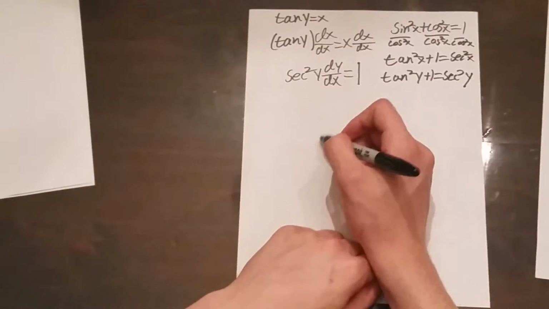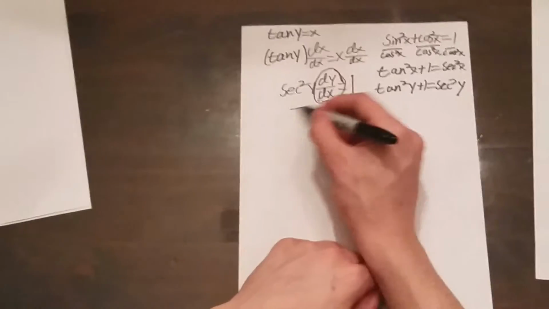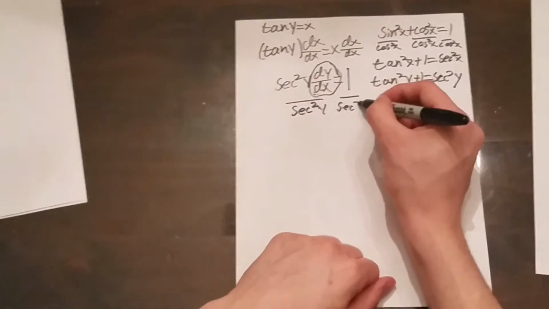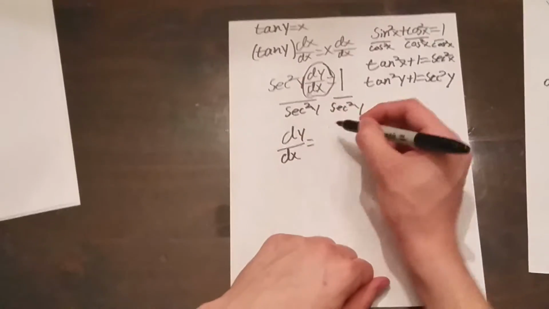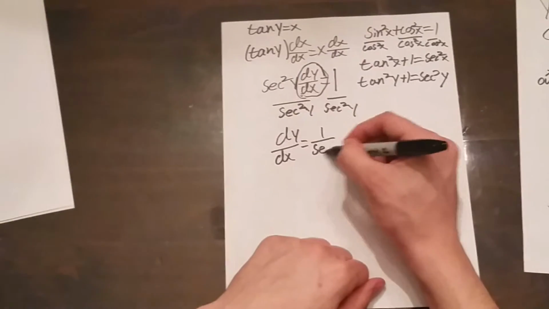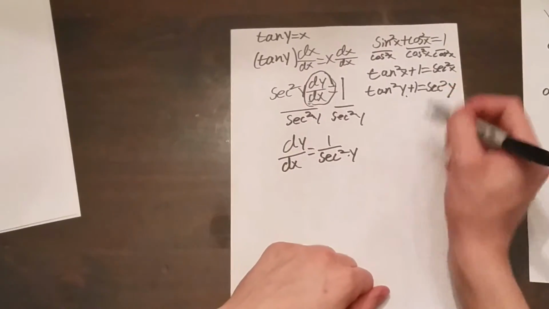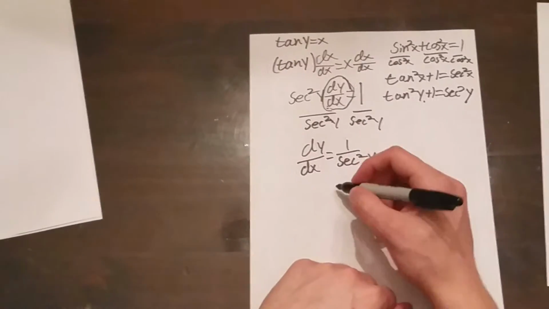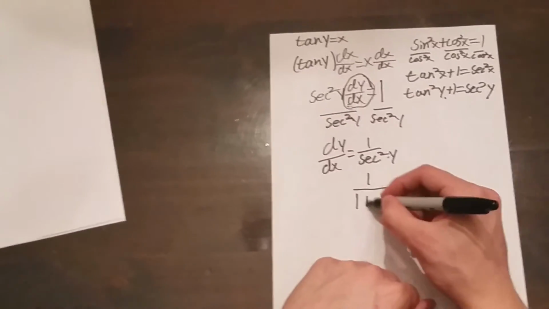Then we come back over here and we look at this, and since we're going to be solving for dy over dx, we would have to divide by secant squared of y. And then we get dy over dx is equal to 1 over secant squared of y. And then coming back over here, you see that this is really 1 over 1 plus tangent of y squared.